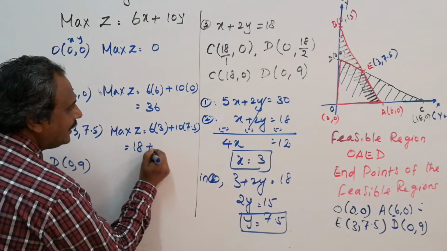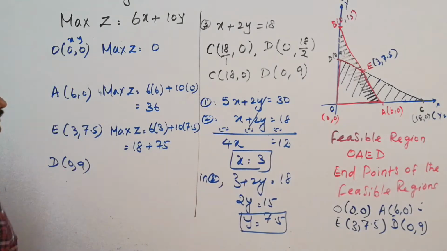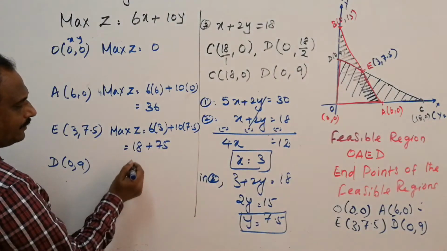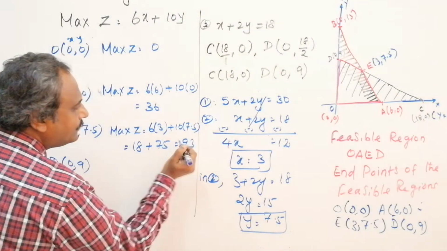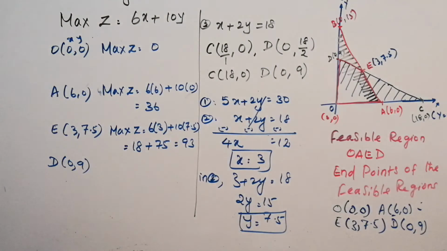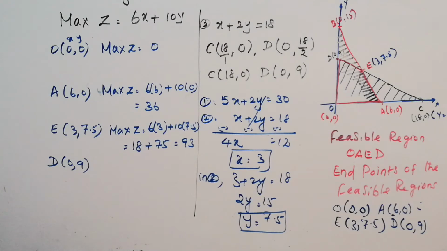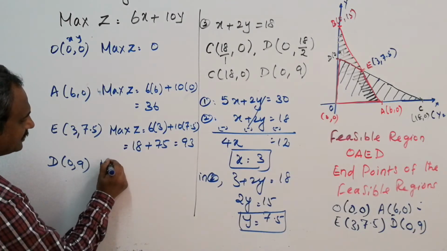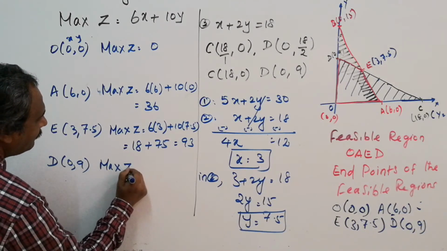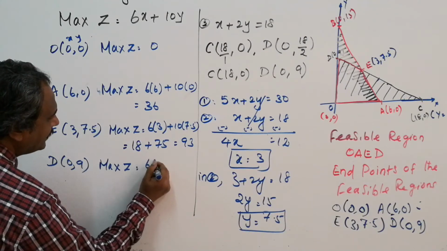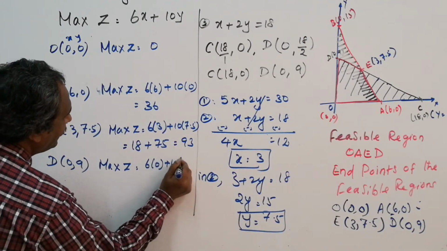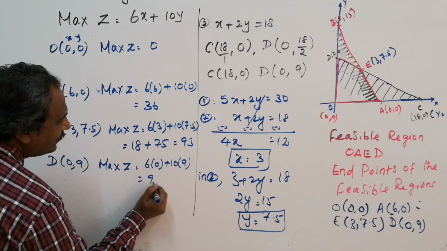So this is 18 plus 75, which is 93. And finally I am going to substitute the value of D. Z is equal to 6 multiply 0 plus 10 multiply 9, the value is 90.